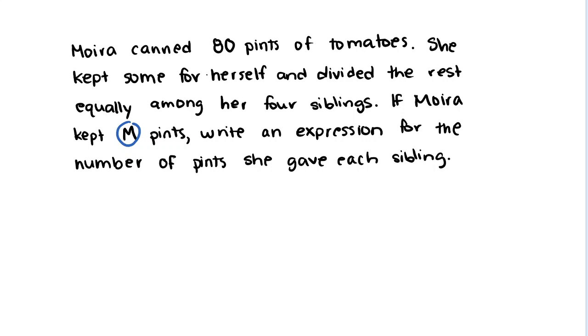And so again, let's go through the same thought process of trying an explicit example first for this value m and see how we might compute what we're really looking for, the number of pints she gave each sibling. And maybe that can give us some intuition on how we can build an expression for this situation.